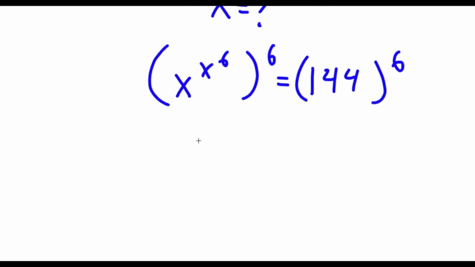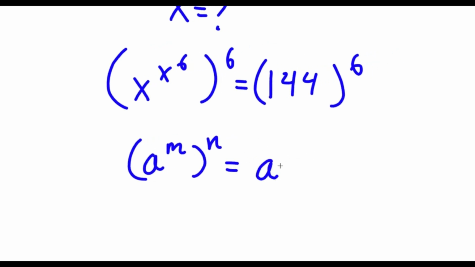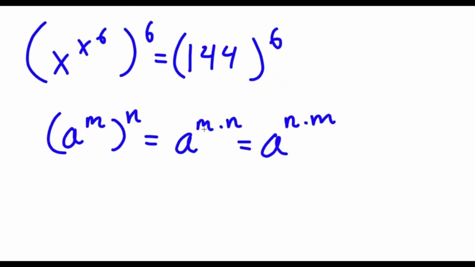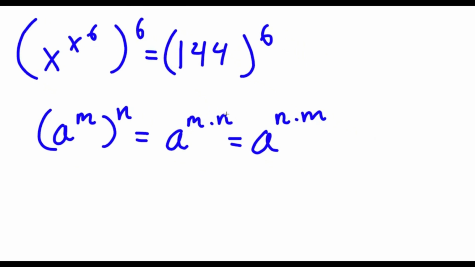Now, if I have something in the form a to the power of m to the power of n, this is the same thing as a to the power of m times n. And m and n, these two are interchangeable, meaning this is the same thing as a to the power of n times m.